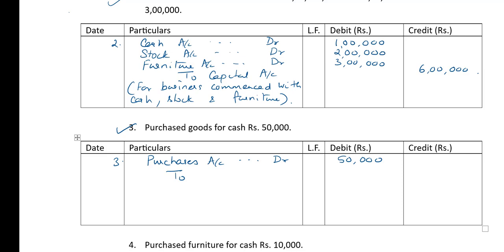There's a decrease in cash, so we need to credit the asset account, cash account. Narration: for goods purchased with cash.